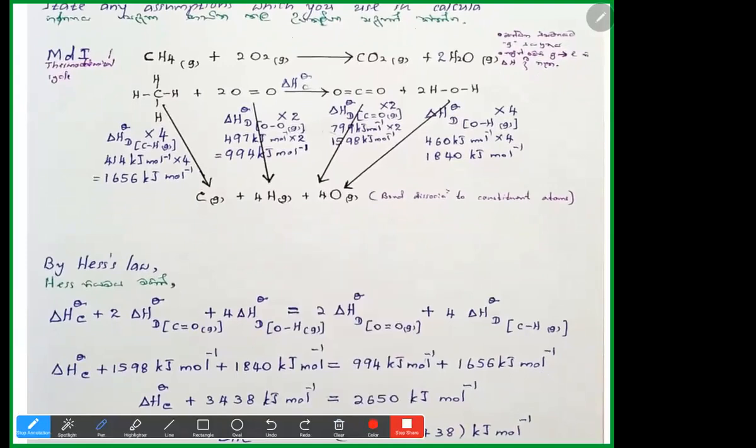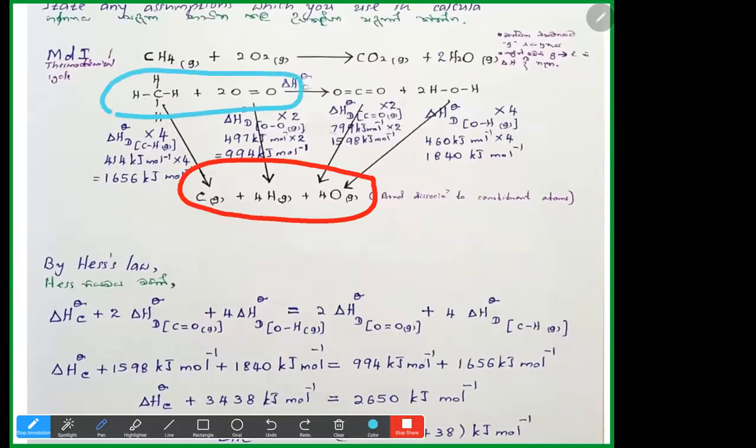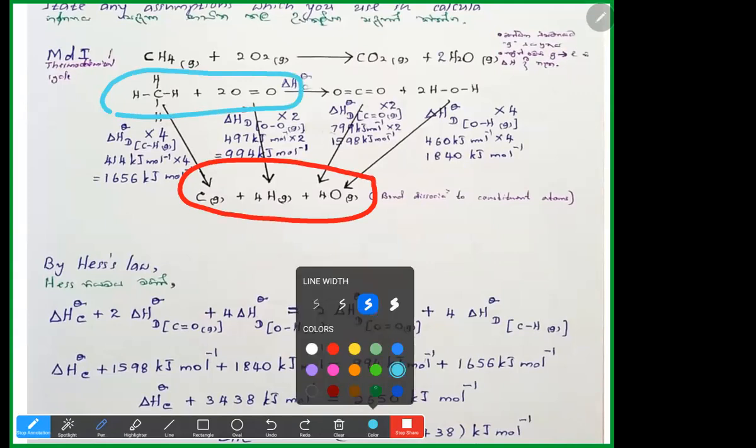Let's see what is the final stage. You can see clearly all these arrowheads are pointing to this. So this is the final. What is the initial? This blue. See, all these arrow tails are starting from this blue set.